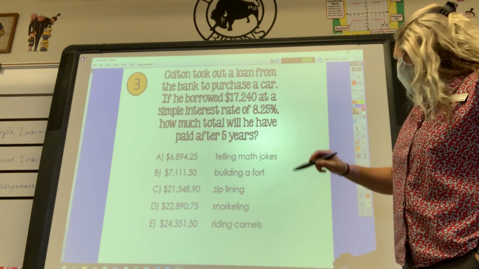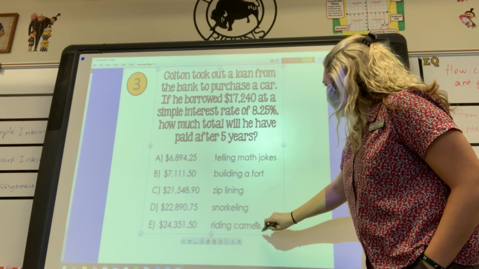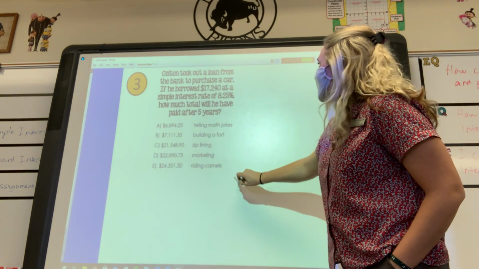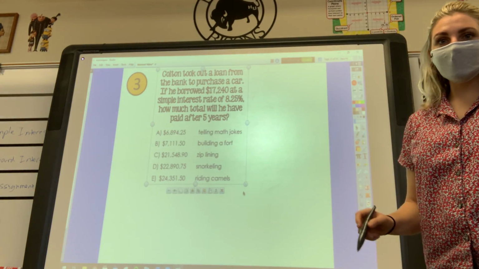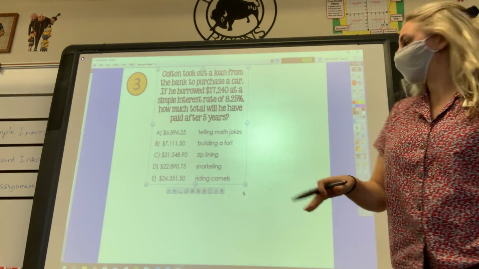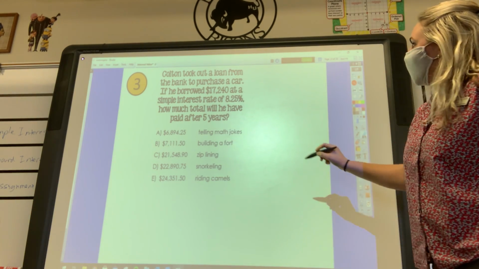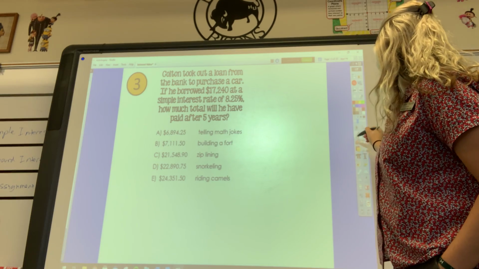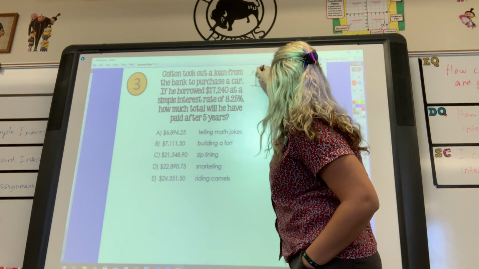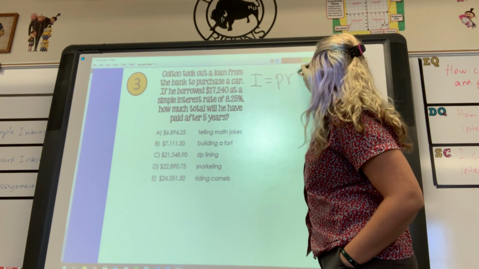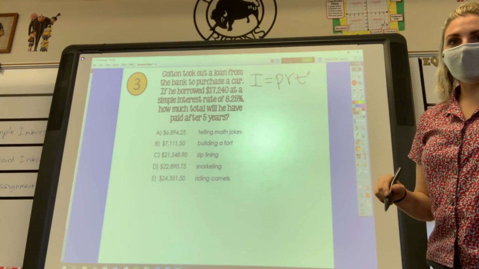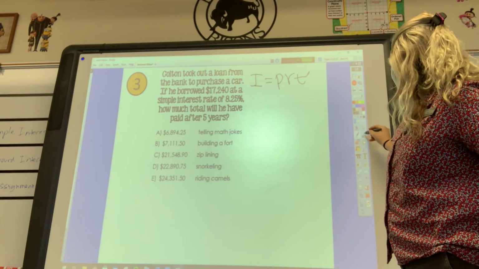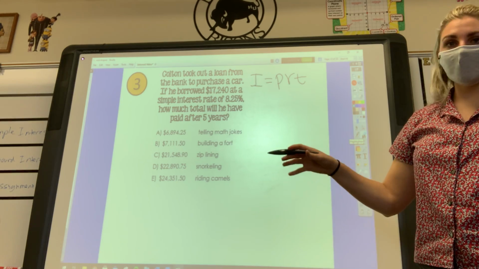So I'm not going to work out the whole problem. I'm going to highlight some key words in order to write our formula. So if we have our formula, I equals PRT, in our formula, we can go and find those numbers.